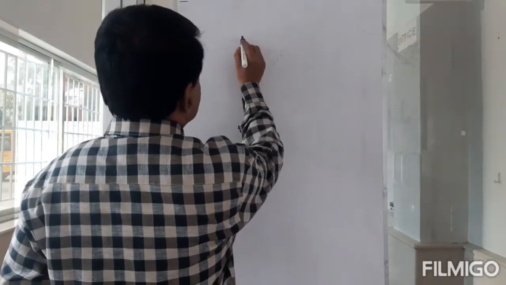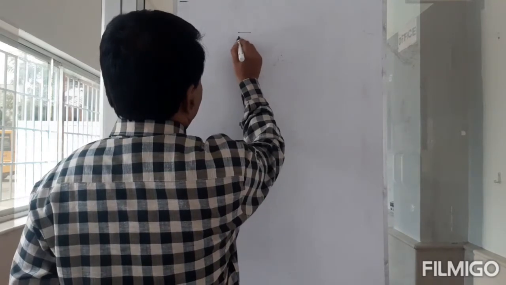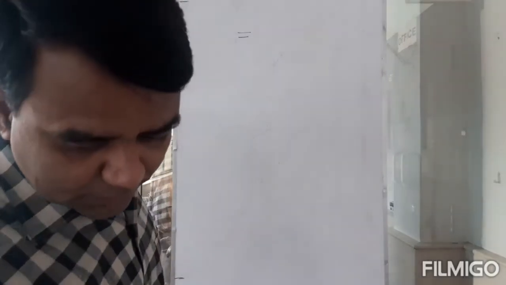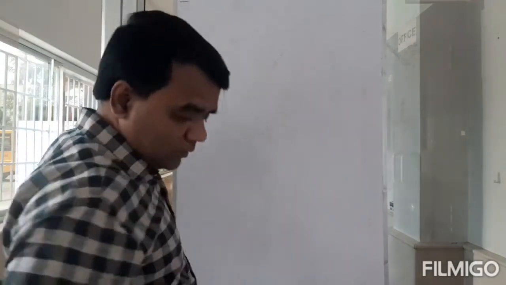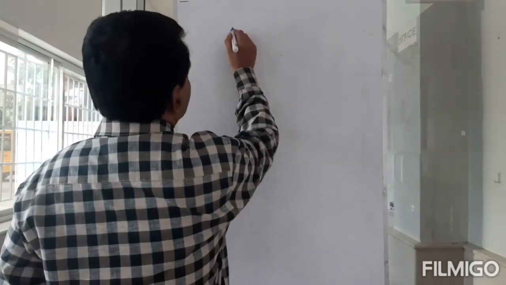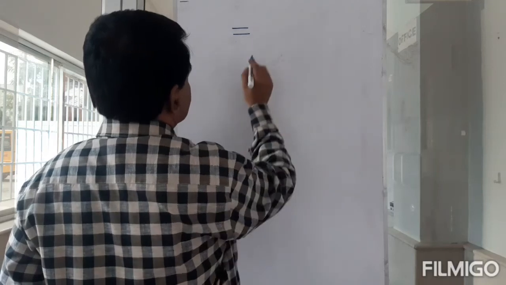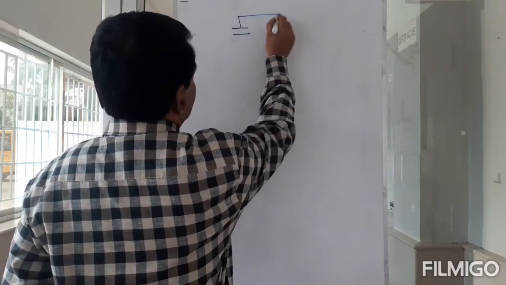You had a qualitative understanding of the LC oscillations, and we will do it quantitatively now. So I have this capacitor. I'll take a different pen. I have this capacitor, and then I also have an inductor.